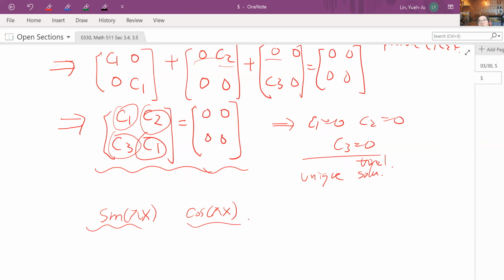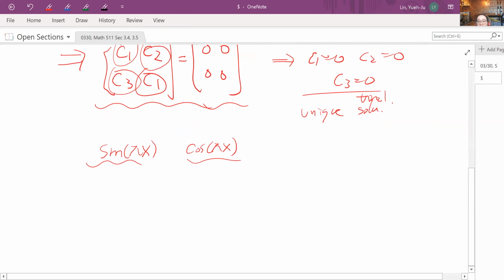First thing I would ask you to do is try the Wronskian. Remember that we do have the Wronskian in this section. That's also one of the reasons I want to assign this problem. So when you see functions instead of usual traditional vectors or matrices, first try the Wronskian, because if the Wronskian is not 0 at a certain point, then right away you know it's independent.